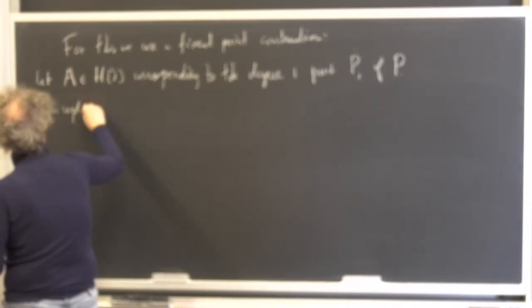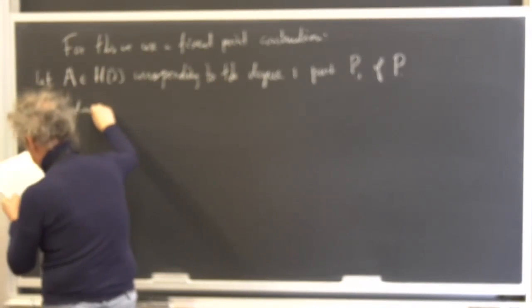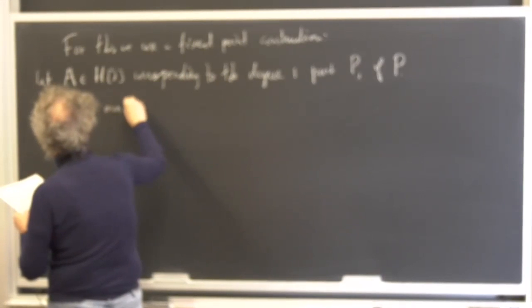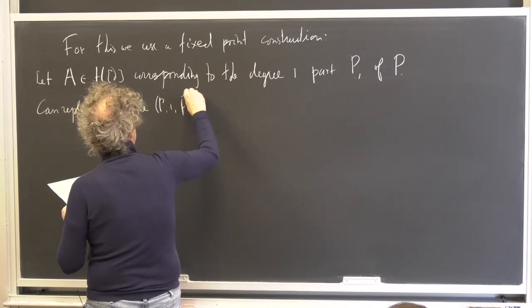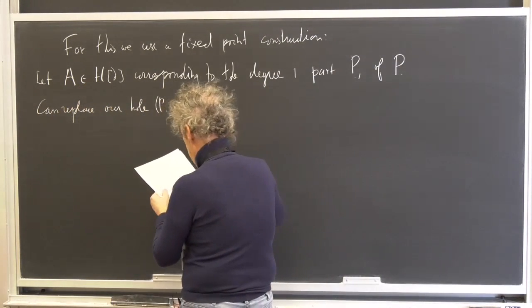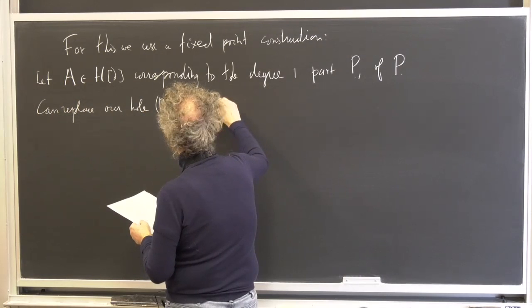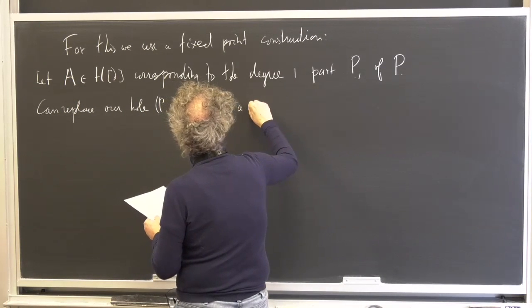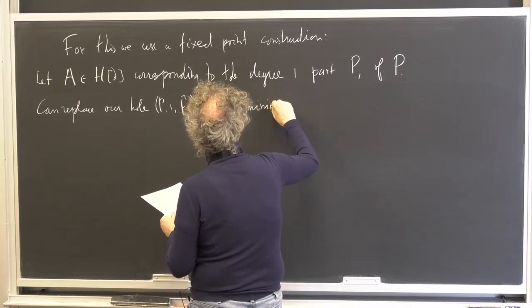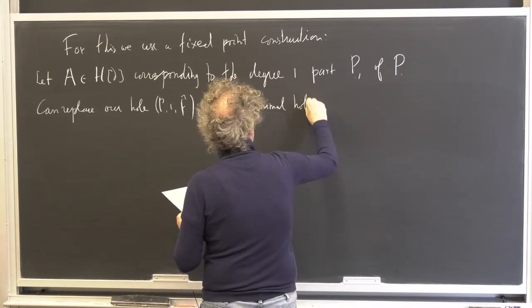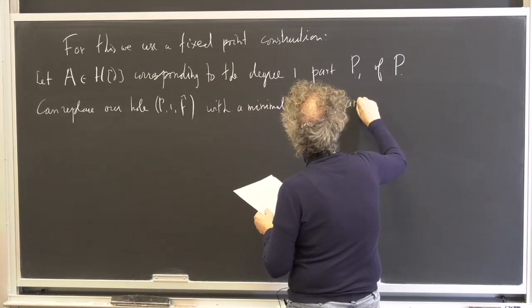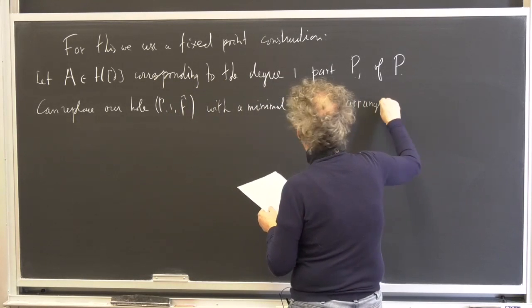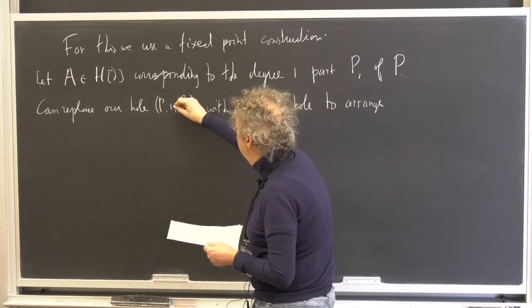Yeah, so can replace our hole, our minimal hole P1 F hat, with a minimal hole with A. To arrange, yeah, the new minimal hole, I'll just keep calling P1 F hat.